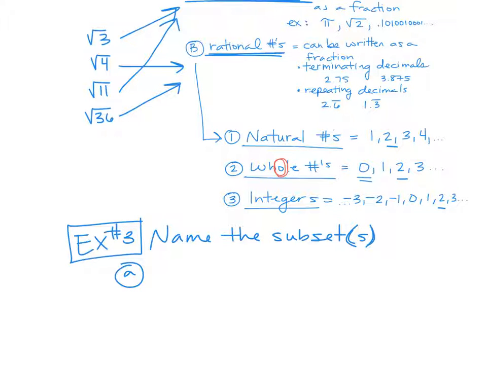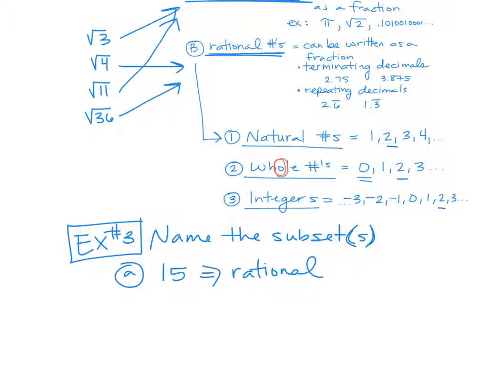Okay, so first one, the number 15. Tell me of our list, irrational, rational, natural, whole, integer. What is 15? Okay, let's start here. Is it irrational or rational? It's rational, right? It can be written as a fraction. How can you write 15 as a fraction? 15 over 1, right?